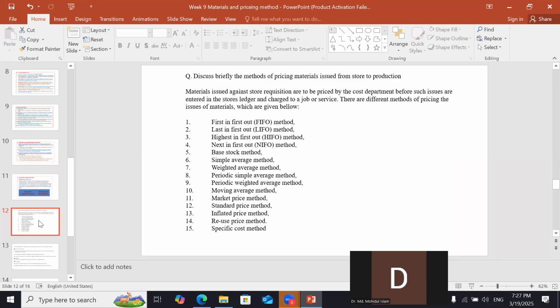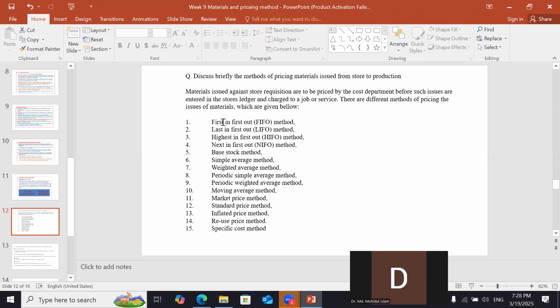Now I am going to another question: discuss briefly the methods of pricing material issues from store to production. From store to production, there are some techniques to set a price.